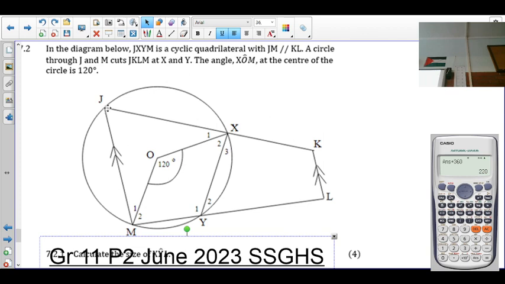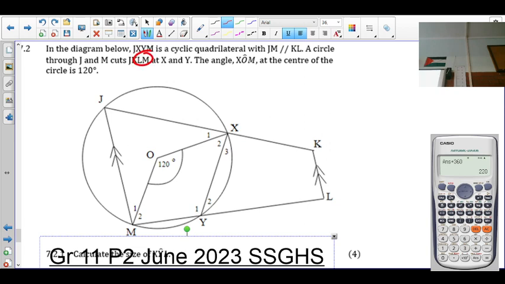A circle through J, M, cuts JM, L, supposed to have been K. There's a mistake here, no?